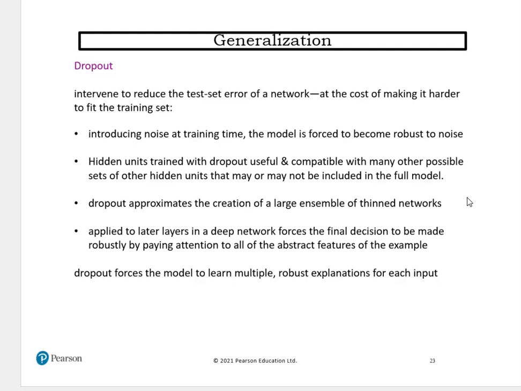Another explanation for why dropout works is that hidden units that are trained with dropout must learn not only to be useful hidden units, they must also learn to be compatible with many other possible sets of other hidden units, which may or may not be included in the full model.